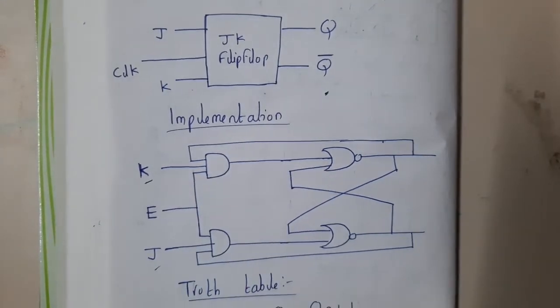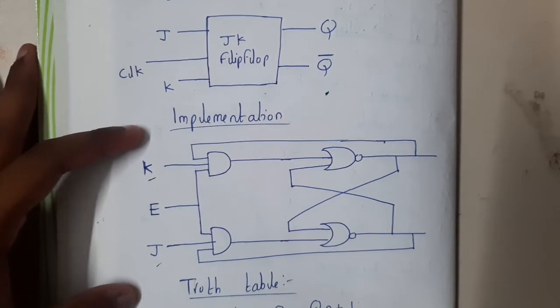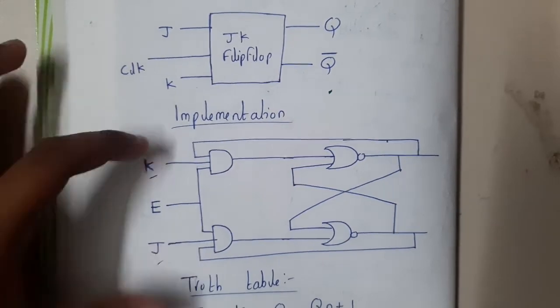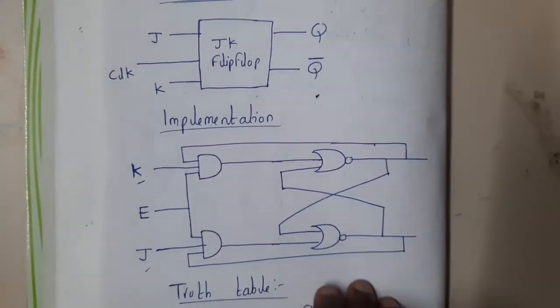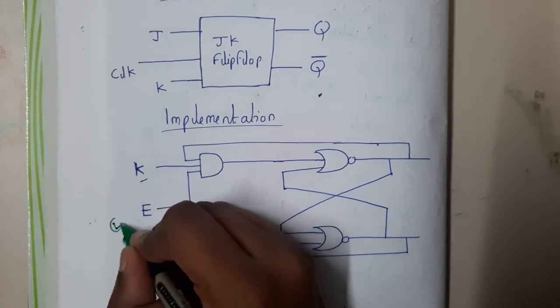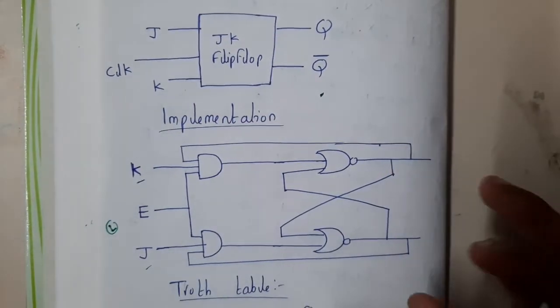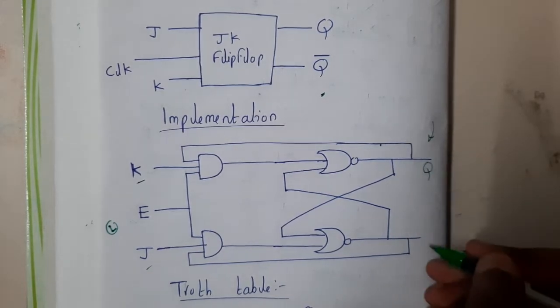Based on the appearance, it looks more like the SR flip-flop, right? The behavior is also almost the same, guys. If you want, you can test it. In the latches video, I have clearly explained how to test this, by giving inputs from here. This is Q and this is Q bar.